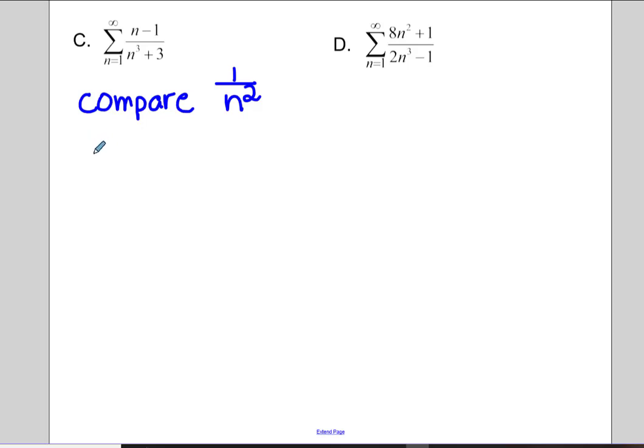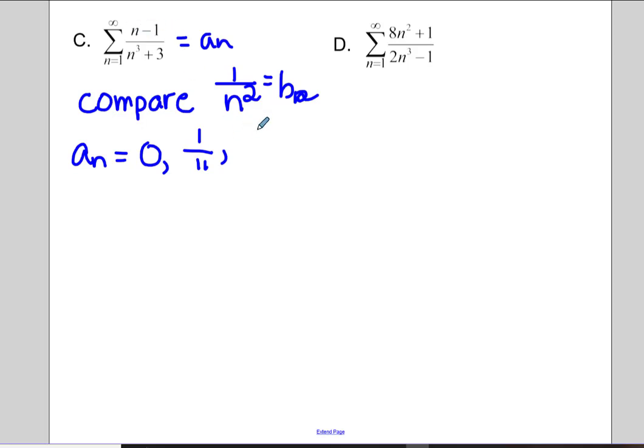And I want to make sure of how my terms compare, who's bigger and who's smaller. Let's call this one a sub n, and this one we'll call b sub n. So 1 minus 1 is 0, our first term is 0. And then 2 minus 1 over 2 cubed, that's 8, plus 3, that's 11.